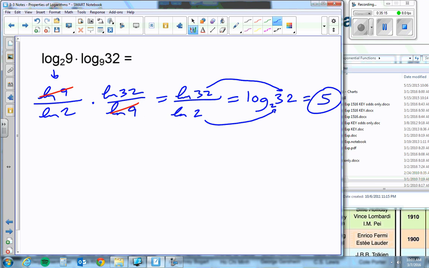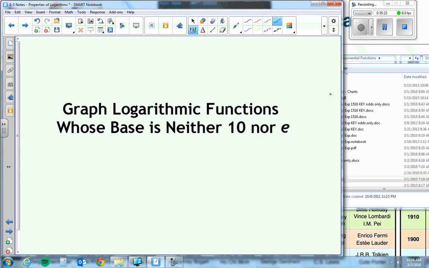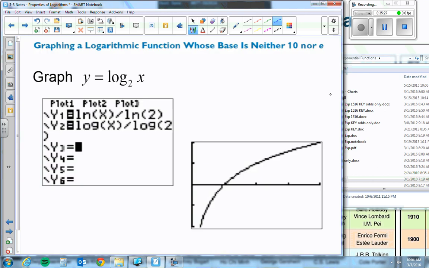All right, now, I think that's all you're writing down. Another use for that change of base formula, though, is if you want to graph something in the calculator that the calculator can't normally graph, type it in using the change of base formula. So it can't normally deal with log base 2, but if you type it in like this, natural log of the argument over natural log of the old base, or using common log, either way, it'll graph it. Which, by the way, log base 2 you should know.